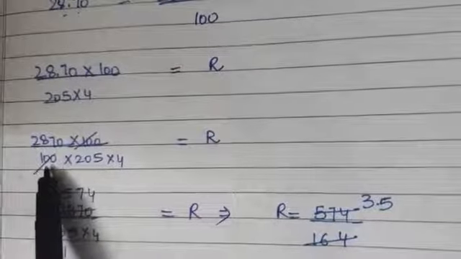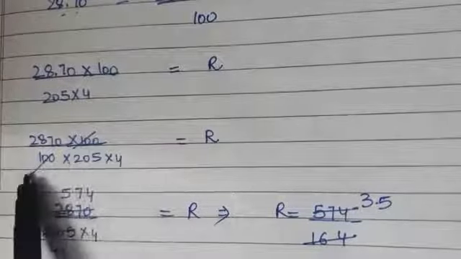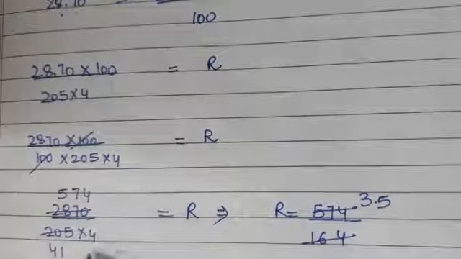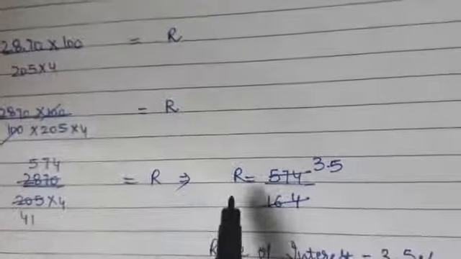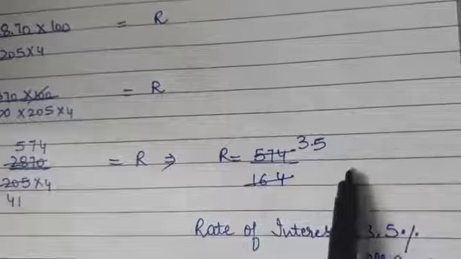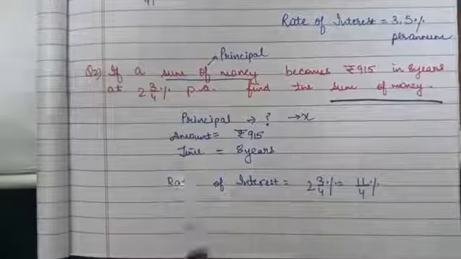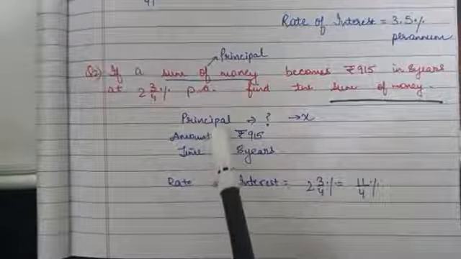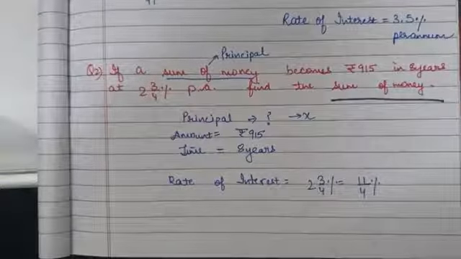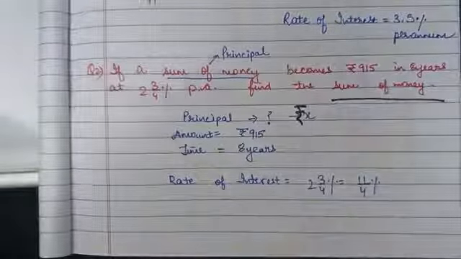So 100 will come in the denominator. Now 100 and 100 will get cancelled, and on calculations R is coming 3.5% per annum. Clear?